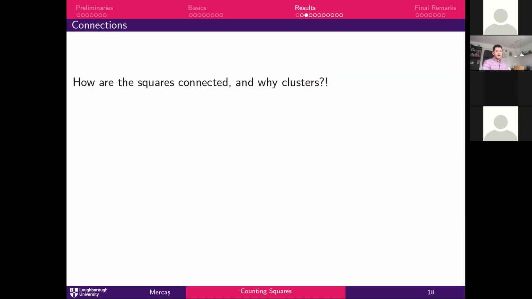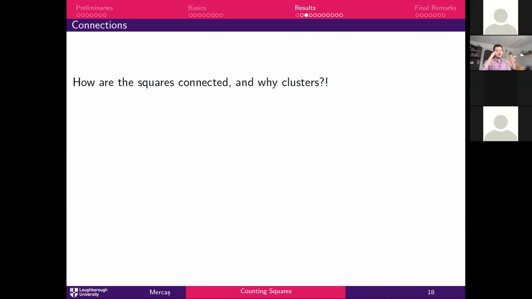So why did we choose to look at clusters and how are these connected? All of the previous ideas, as I said, were looking at the last occurrence of a word. However, when you're looking at the last occurrence, you really lose control of what's going on before. And you lose control of how many times this appeared or how 2 words are connected later on.